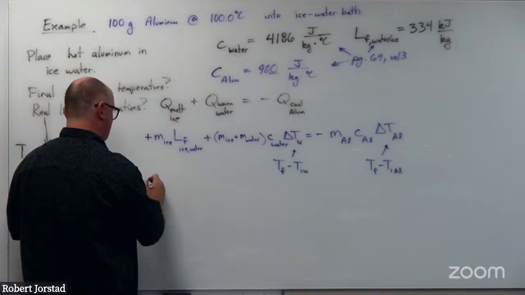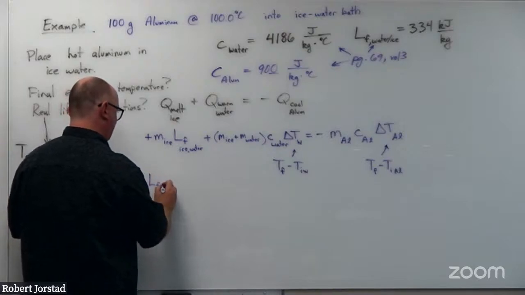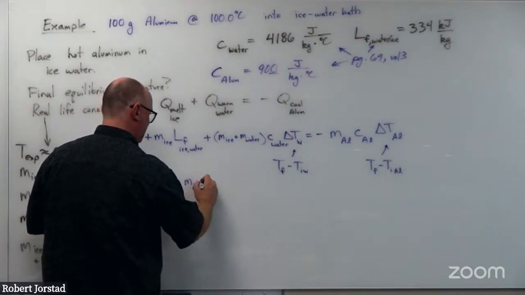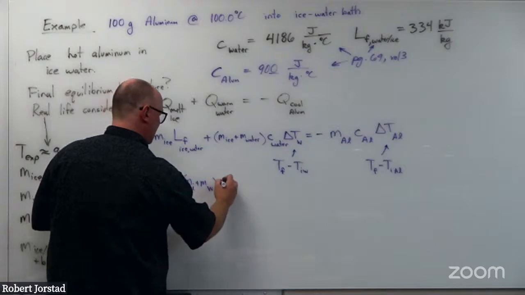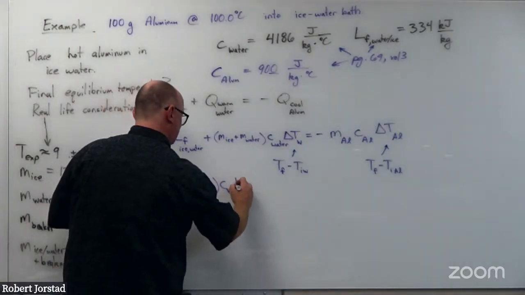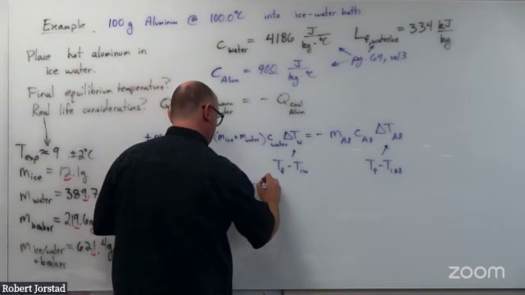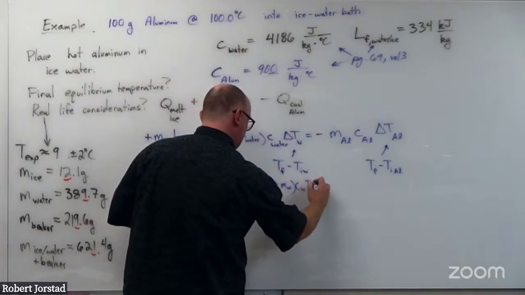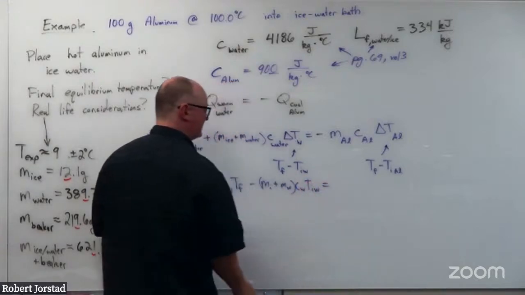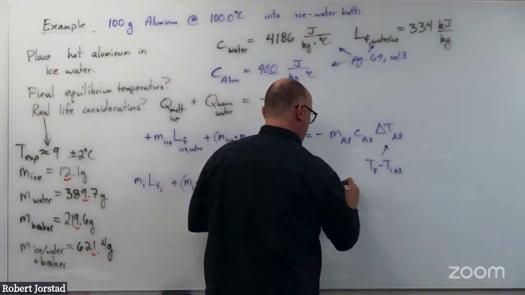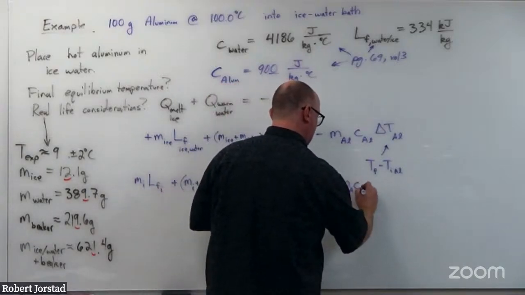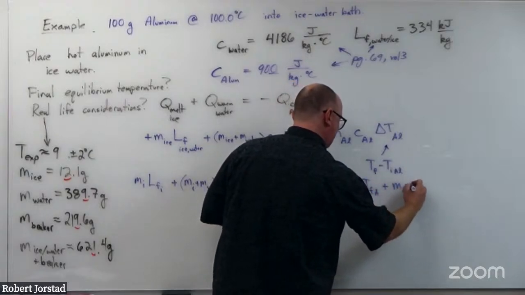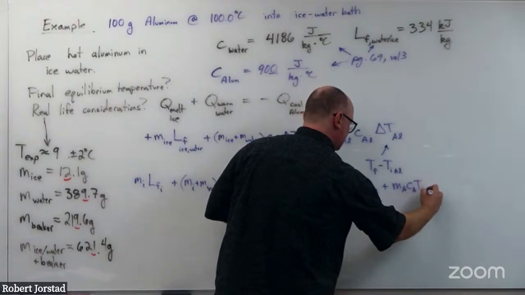So M_I L_F of I, I'm going to start shortening the subscripts, plus (M_I plus M_W) times C_W times T_F minus (M_I plus M_W) C_W T initial W equals negative M_A C_A T final A plus M_A C_A T initial A.